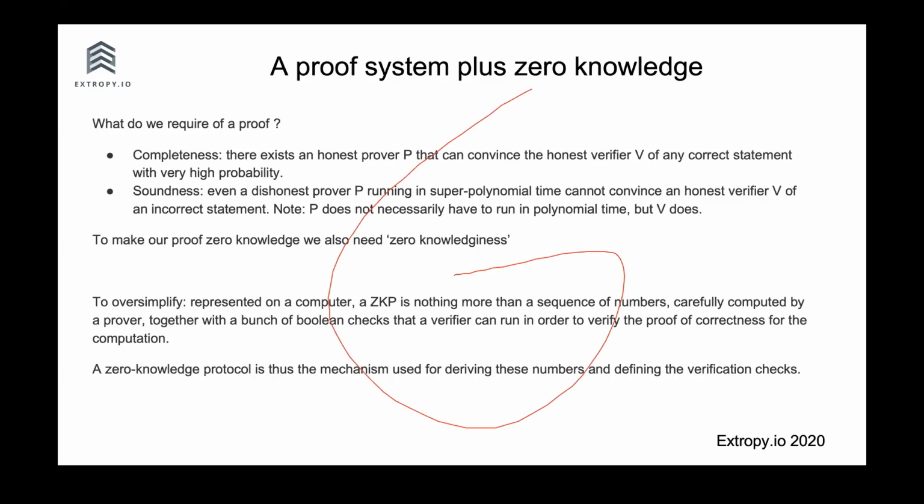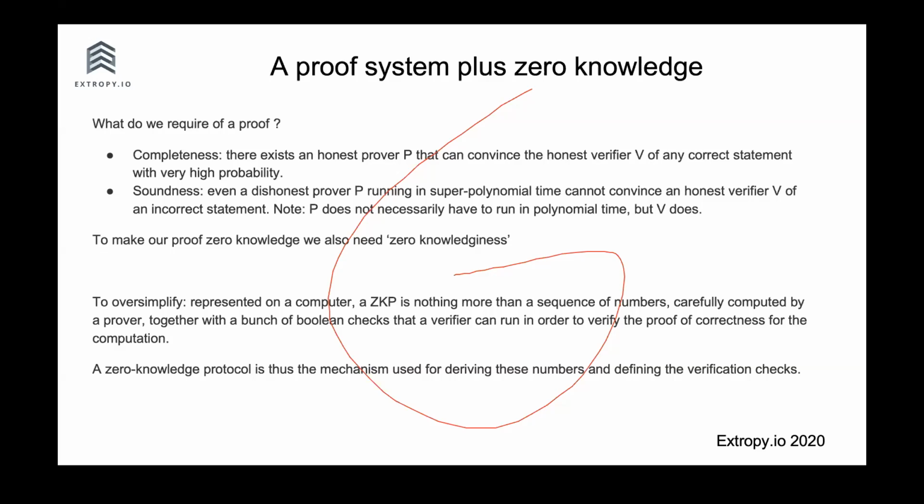One is completeness, and this is the idea that Peggy, our prover, if she has a valid proof, and we have an honest verifier, then any proof that is correct will convince that verifier with a high degree of probability. And then on the opposite side, we have the idea of soundness.